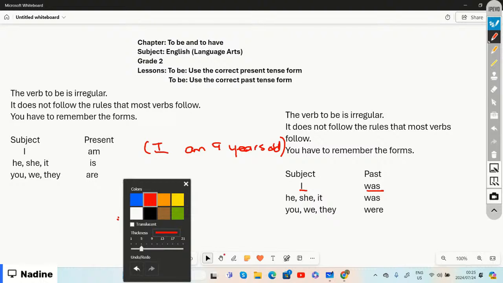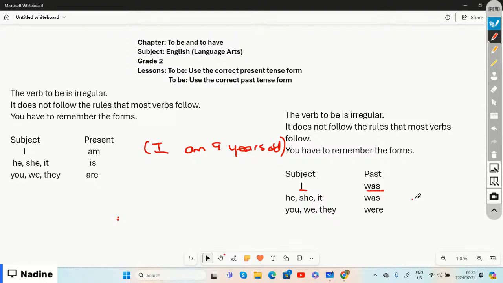All right. So if we say I was, right? And then the next one, for example, he, she, or it will also be: he was, she was, it was.